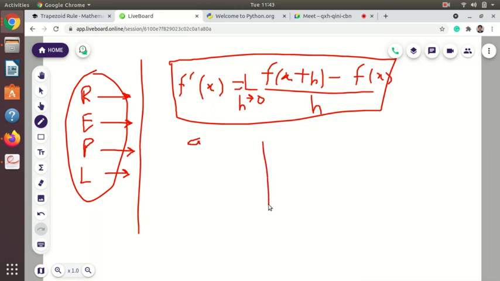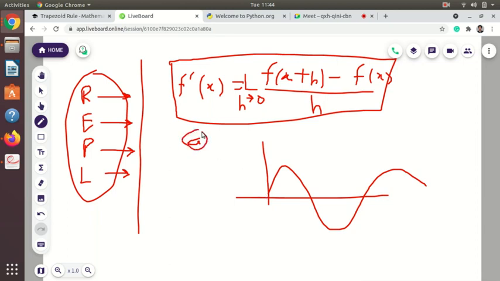Suppose there is some function, this is basically the sine function. We know the derivative of sine is cos, but we have to find it numerically, and you cannot do that for everywhere. You have to define one point a, let's say a equal to 0. So numerically it will evaluate the derivative at point a.